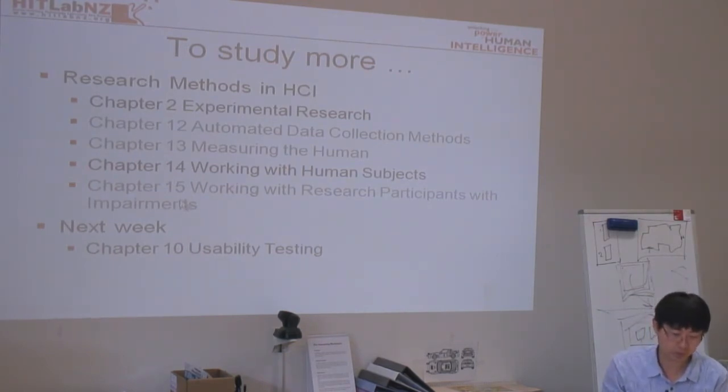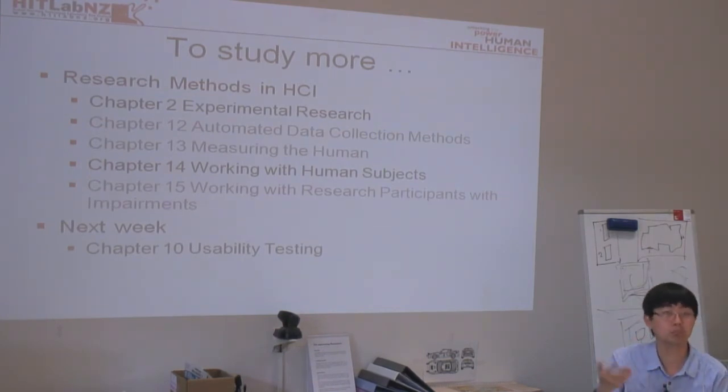And there are some chapters that have more details about how to handle participants who have some impairments, such as if you're designing a user interface for blind people, then you might want to also read chapter 15 so that it will give you more of the guidelines that you might have to consider while you're designing your user study and so forth. So that was the latter part of last week.